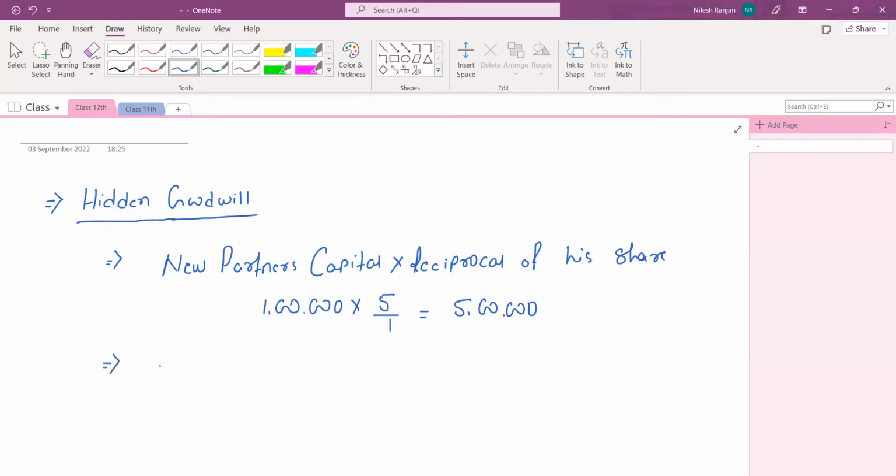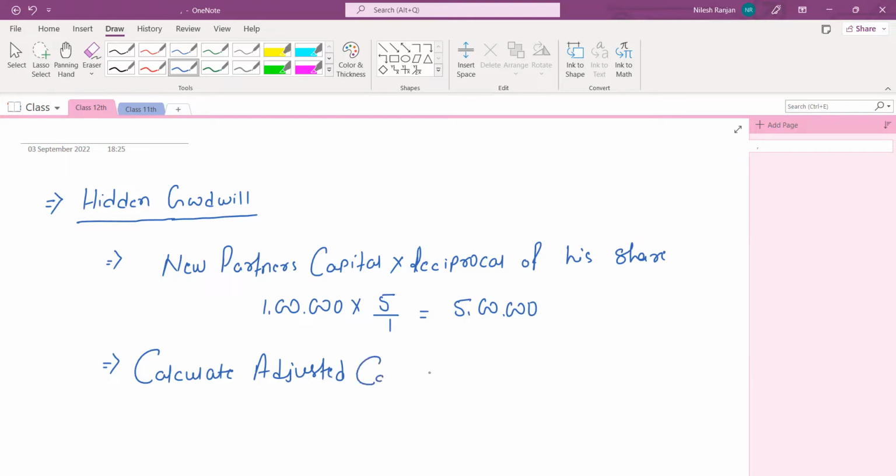Yes, sir. And then we have to calculate adjusted capital of partners. And how to calculate adjusted capital? We have to adjust all the related items with capital, like general reserves, the revaluation profit or loss, whatever adjustment is given in the question.